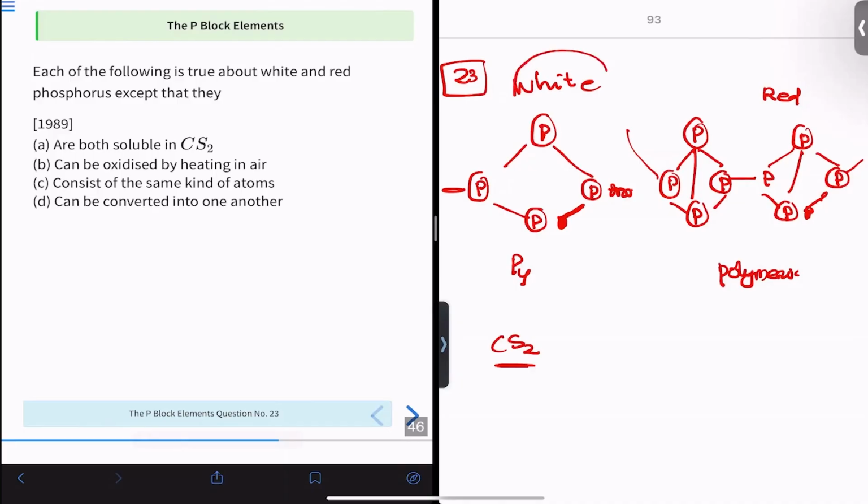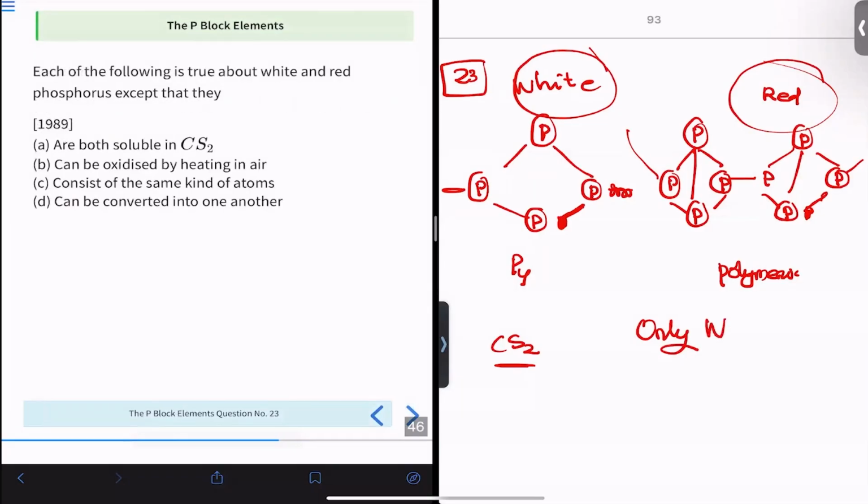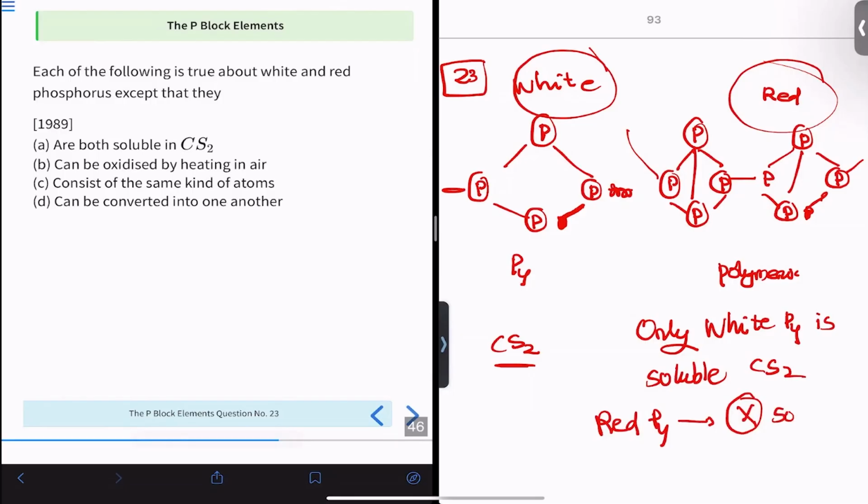Are both white and red phosphorus soluble in CS2? No, only white phosphorus is soluble in CS2. Red phosphorus is not soluble in CS2.